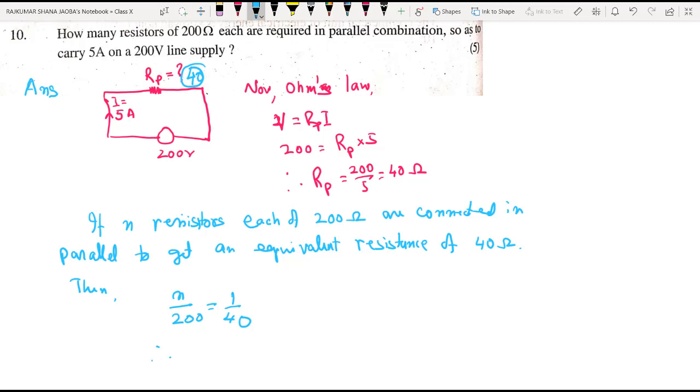Therefore, n equal to 200 divided by 40, that is 5. The number of resistors is 5.